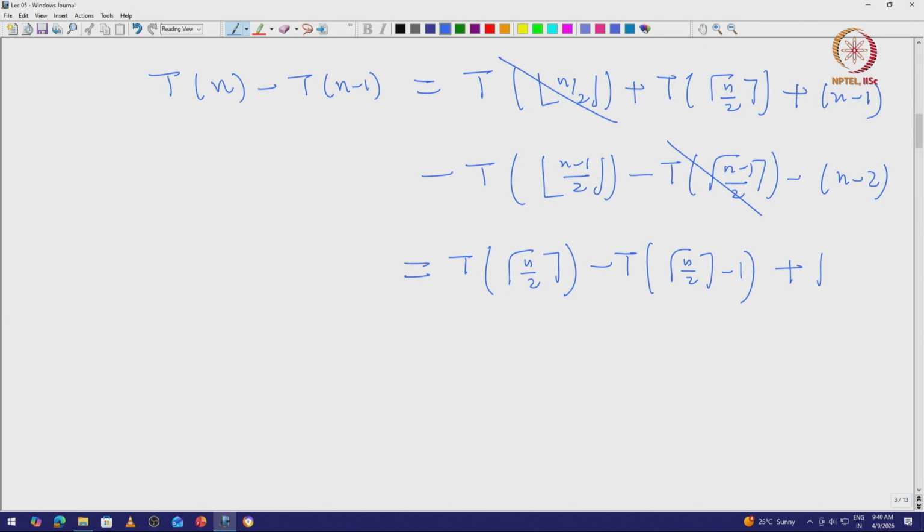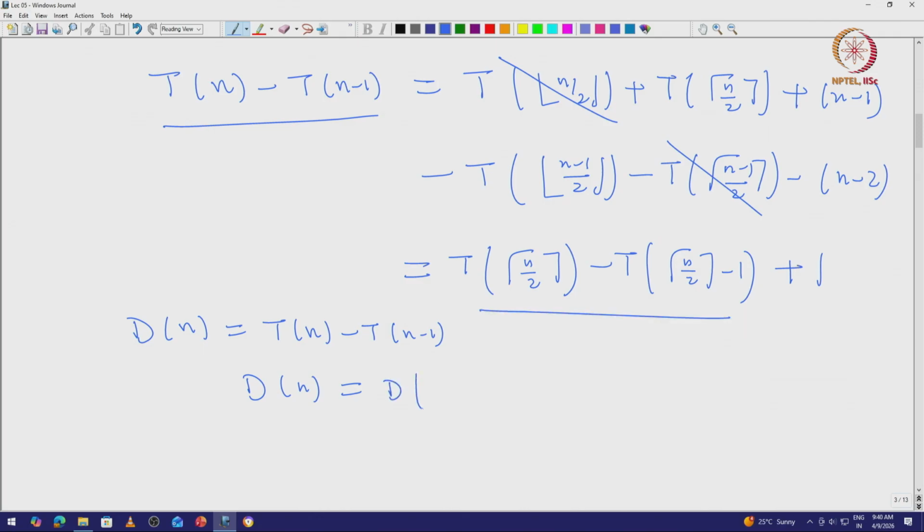Now, if you define d(n), the difference, as T(n) minus T(n-1), the left hand side is simply d(n) and the right hand side is d(ceil(n/2)) plus 1.